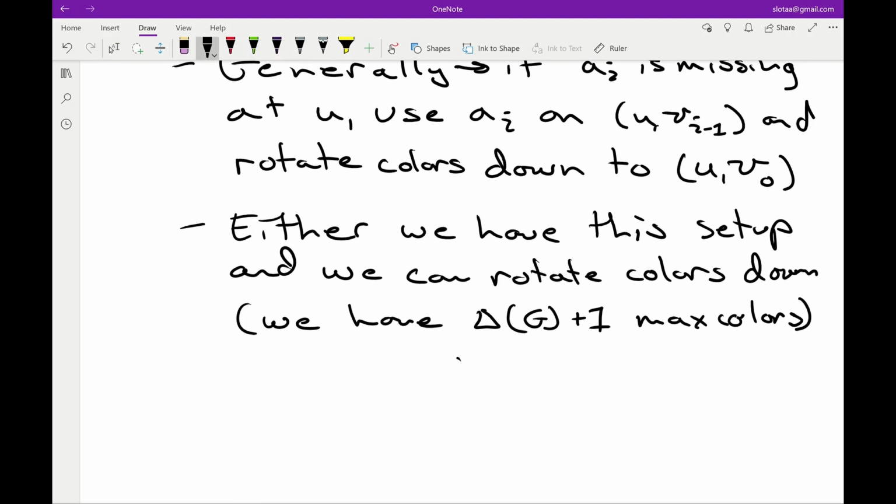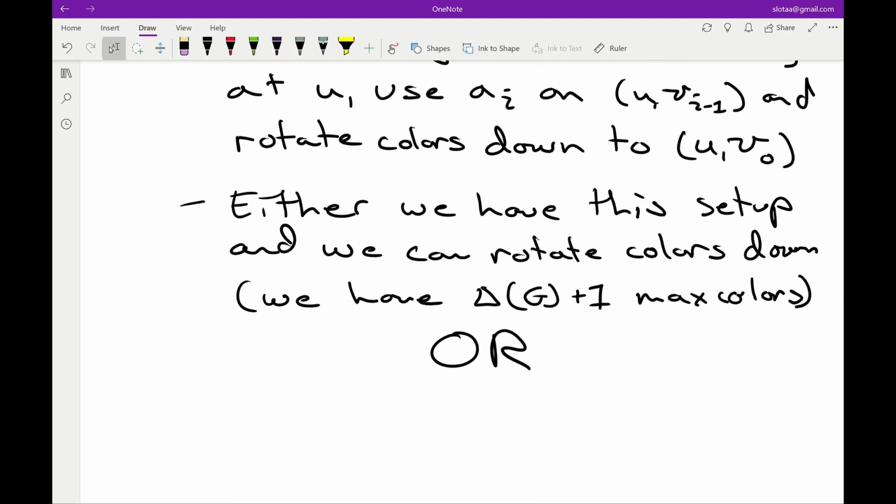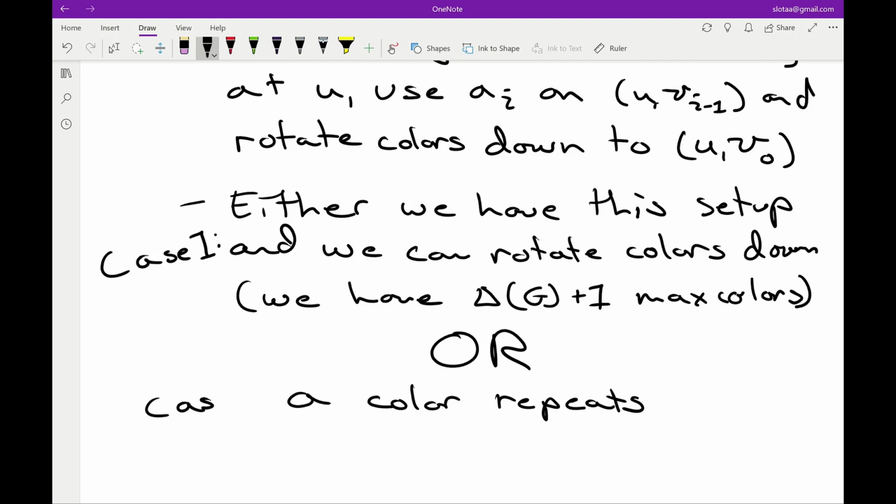But this is where it gets tricky. We didn't explicitly note this possibility before, or a color repeats. So this is our case 1, and this is our case 2.